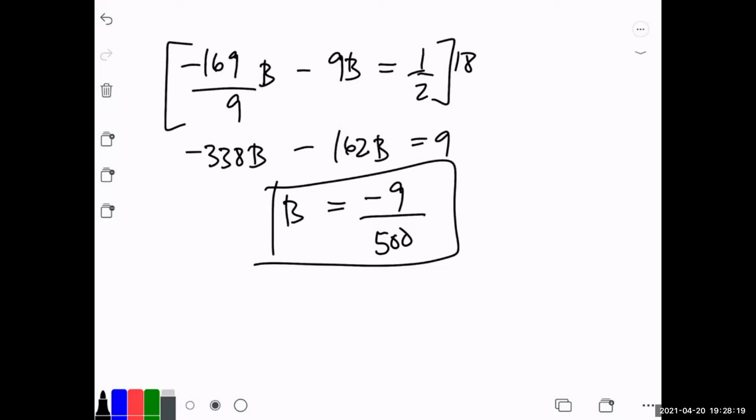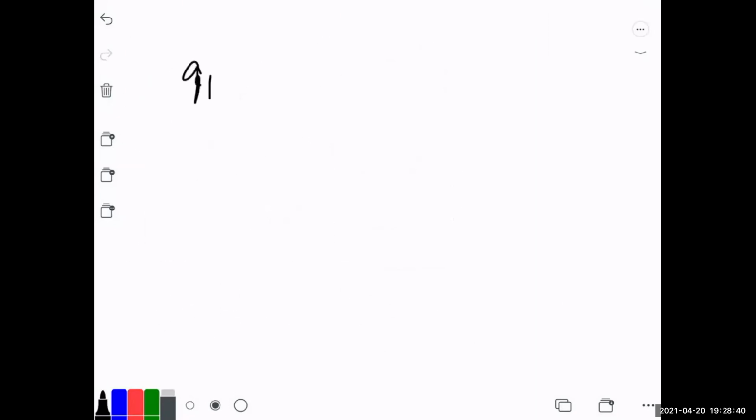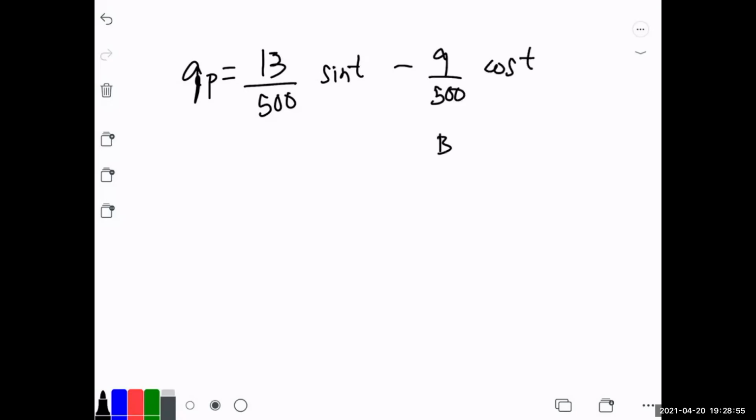And if we solve for a, so a is negative 13 over 9 times negative 9 over 500. So 9 cancels out, so this would be positive 13 over 500. So therefore we have our q_p. We already solved q_p is 13 over 500 sine of t minus 9 over 500 cosine of t. So this is our b and this is our a.